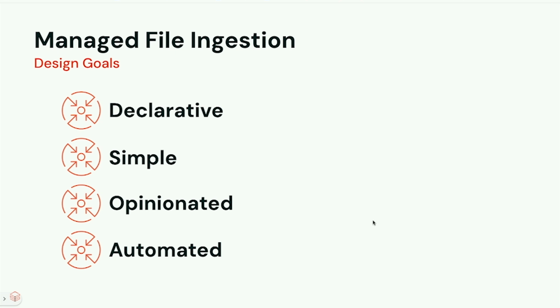We want this connector to be opinionated, which means that we manage the configuration for you, utilizing best practices and our learnings from how Auto Loader should be configured to provide a seamless out-of-the-box experience. And finally, we want this to be automated. We want to automate and simplify as many of the routine tasks as possible, both for the initial configuration and the continuous operation of file ingestion.